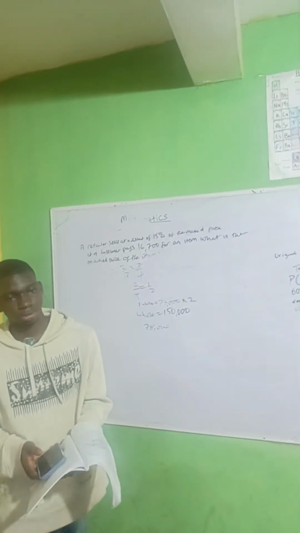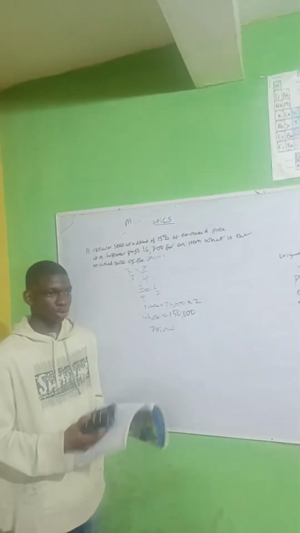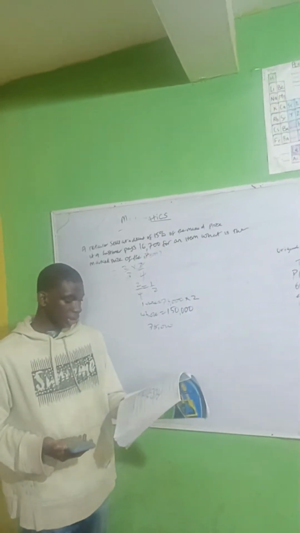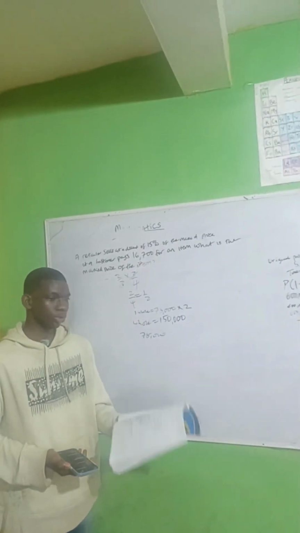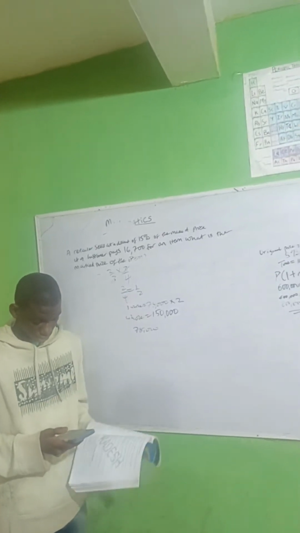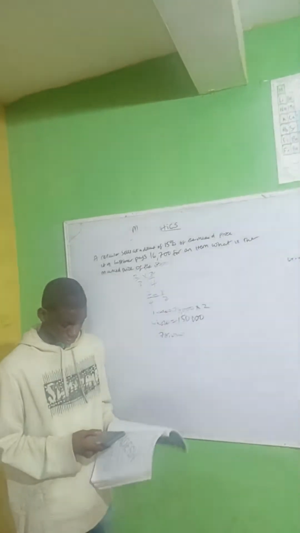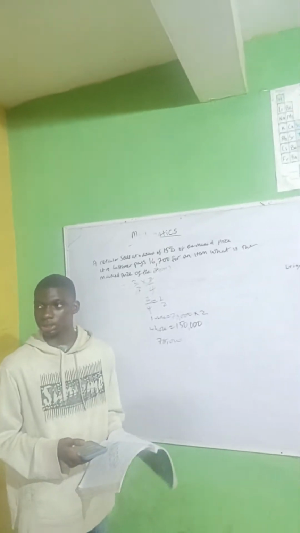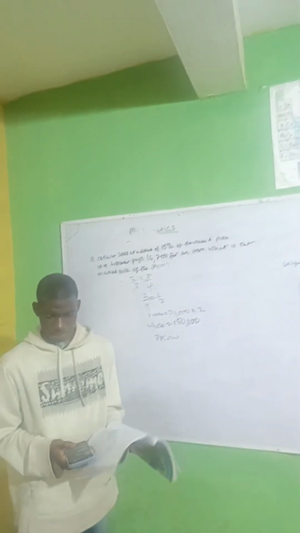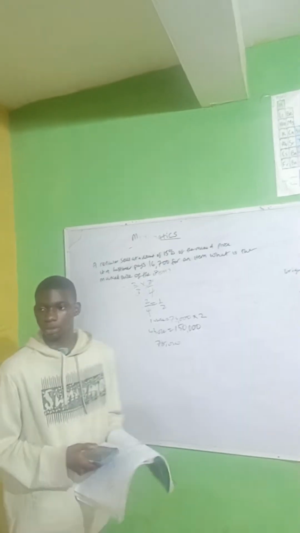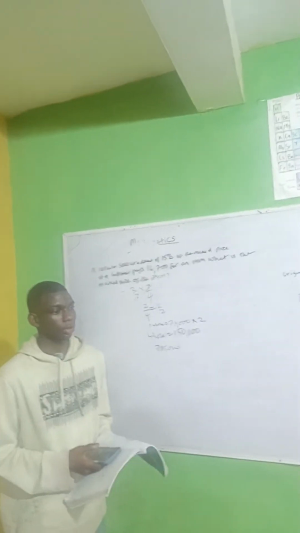Do you hear the question? People should listen, please. They said if log 2 is equal to 0.301, find log 16. What's the answer? The answer is 1.204.